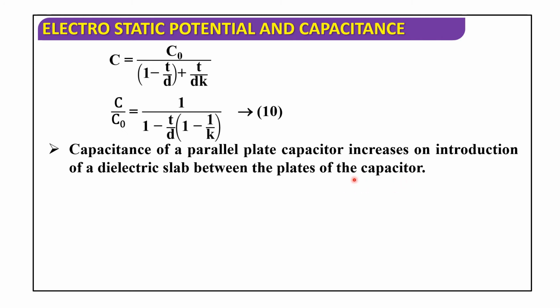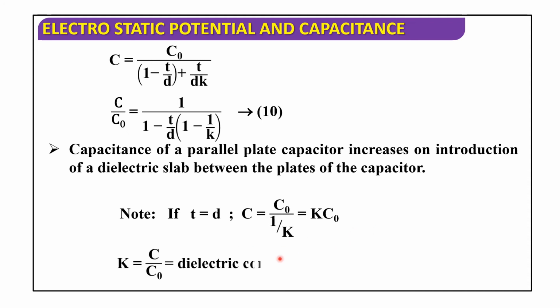If you place the dielectric slab in between the plates of the capacitor, then the capacitance of a parallel plate capacitor increases. Now note, if T is equal to D, then C is equal to C naught by 1 by K, or this can be written as C is equal to K into C naught. So K is equal to C by C naught, that is the dielectric constant.